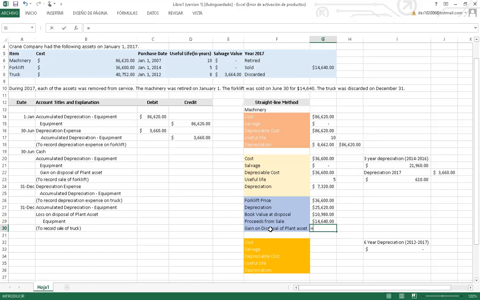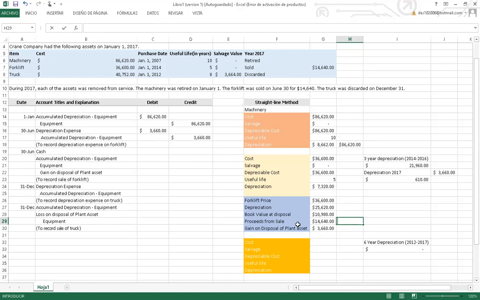So it will be the sale value minus the book value. And it gives us an amount of $3,660. If per se we will have an amount here on proceeds of sale of, I don't know, 8,000, then we will have a loss of around $2,000 right here, because the sale value is less than the book value.